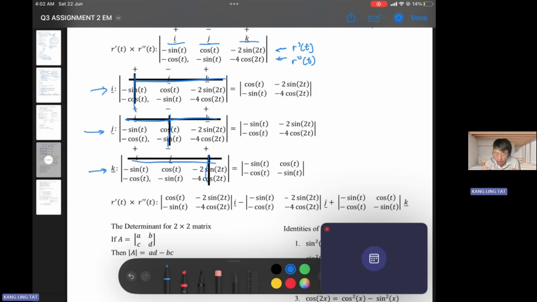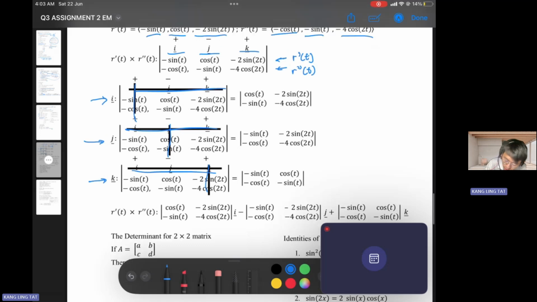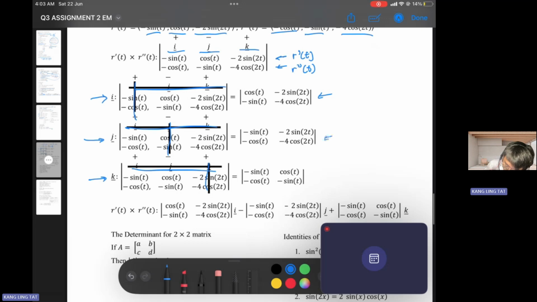So we look outside of the rows and columns related to i. When it's in terms of i, it's going to be i, in terms of j it's j, and then k in terms of k. So this is the 2 by 2 matrix that we got in the end for i, j, and k.